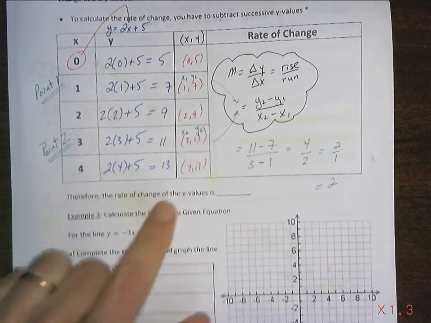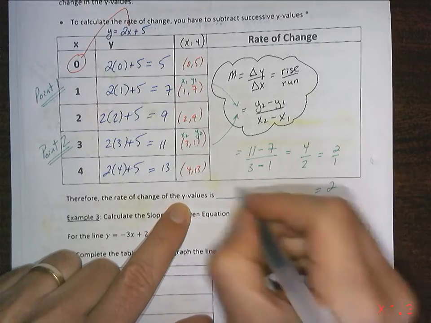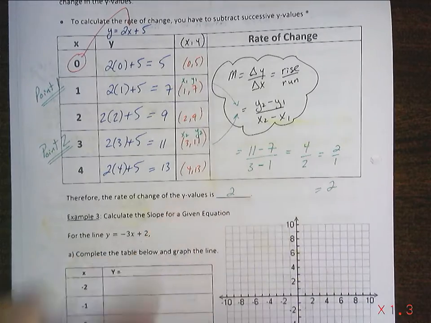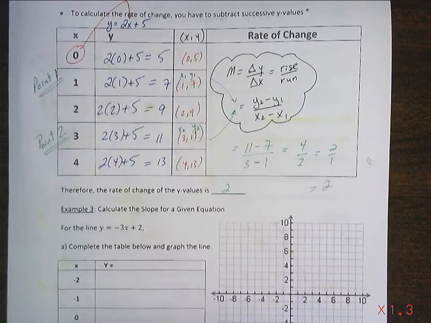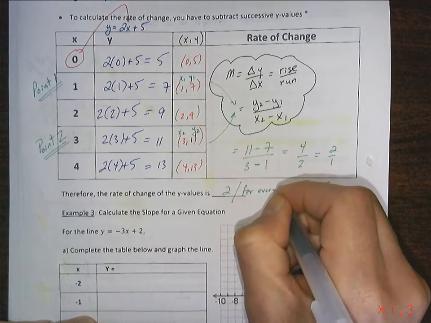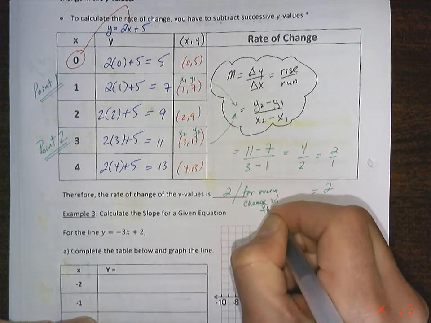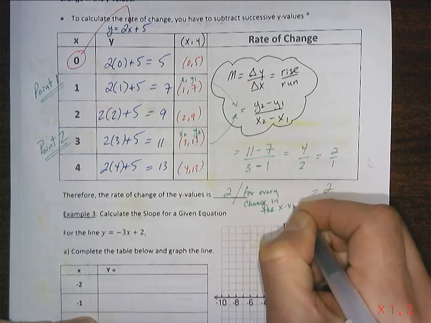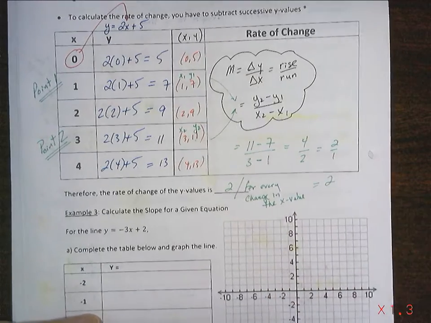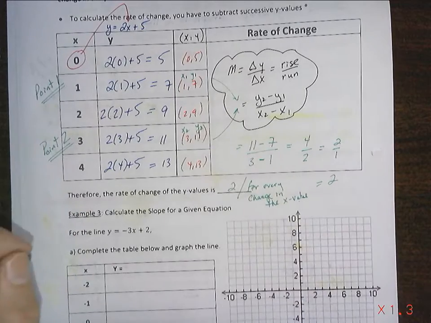So therefore, the rate of change of the y values. This is just asking about the y values. The rate of change of the y values is 2 for every change in the x value. In other words, every time I change the x value by 1, the y value is going up by 2.